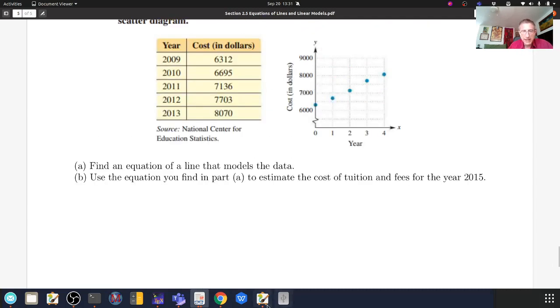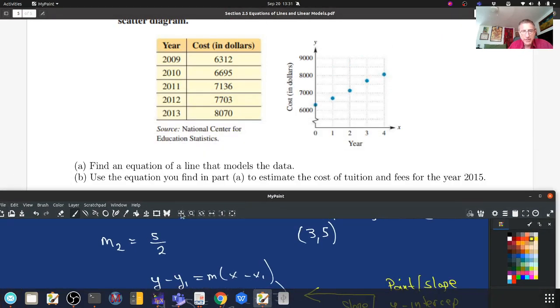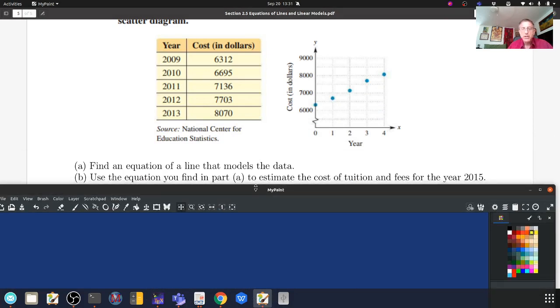So let's do that. And here is an important part. The results in this case do depend on your choice. You're always going to get an estimate, but the estimate will vary depending on your choice of points.